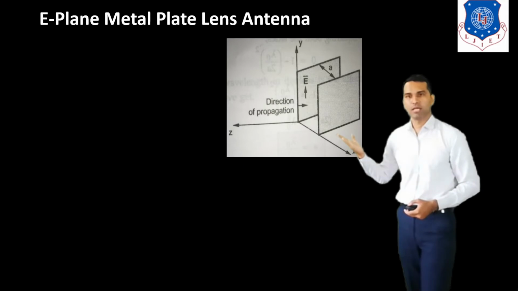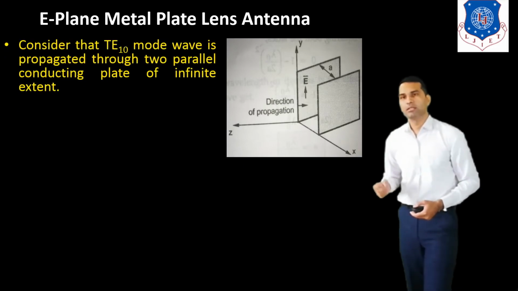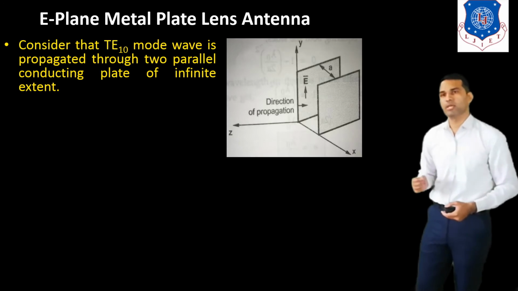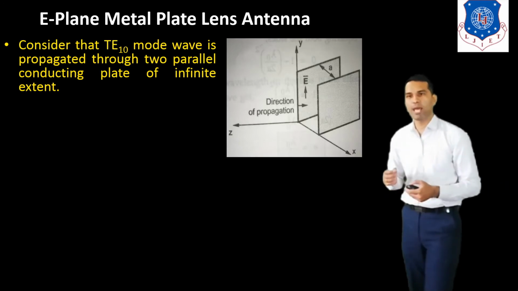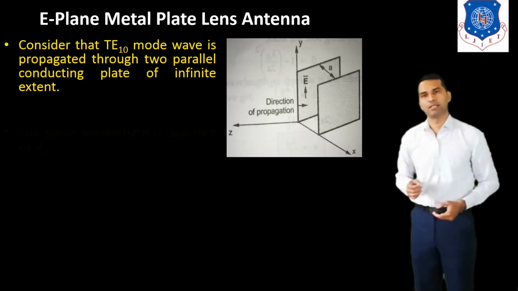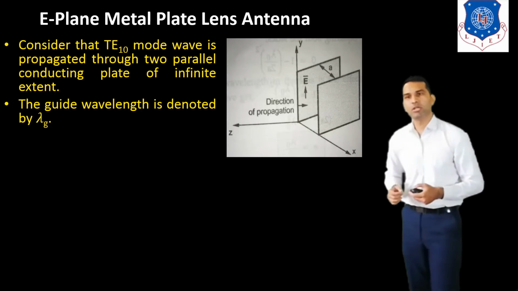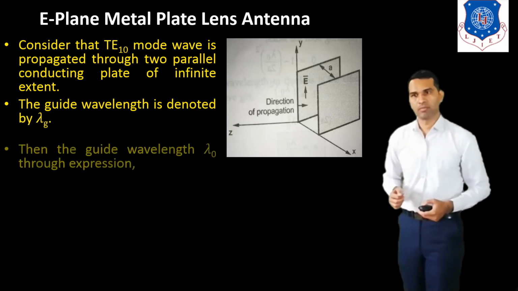So here this figure indicates the E-plane metal plate lens antenna. Consider that a TE10 mode wave is propagated through two parallel conducting plates of infinite extent. The guide wavelength is denoted by lambda g.